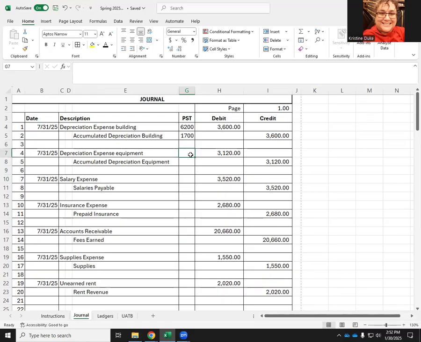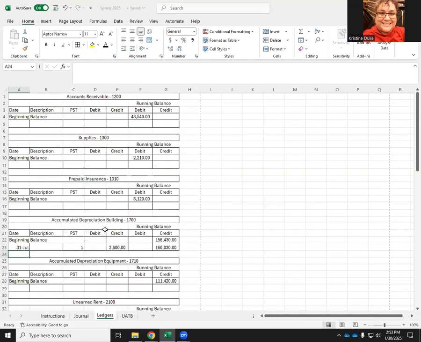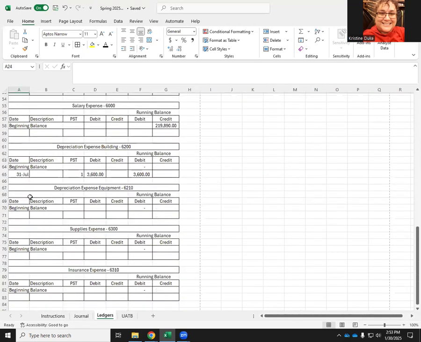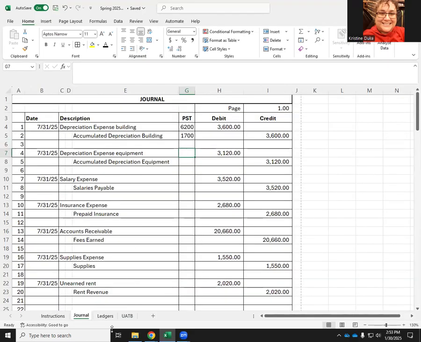Yay. I've got depreciation expense equipment 3,120. Let's come back over to that ledger. I'm going to go all the way down here and find it. 731. My post reference is page 1, and that is 3,120. Update my running balance 3,120. Okay, now I'm going to come back over my journal.